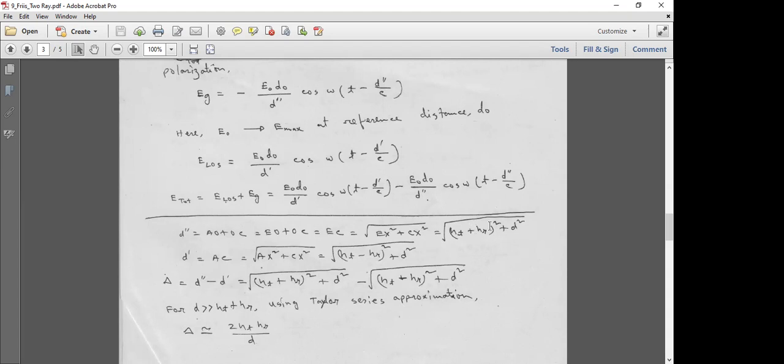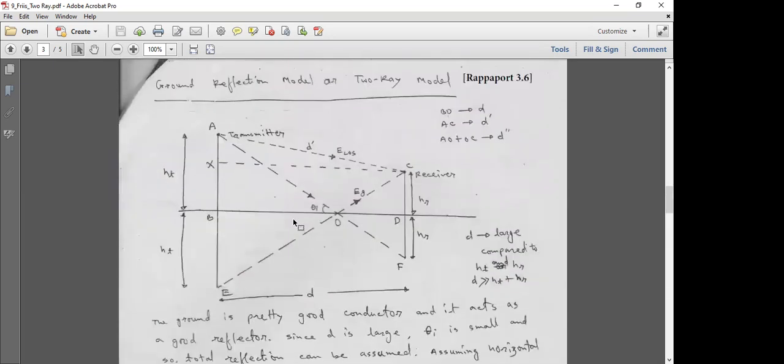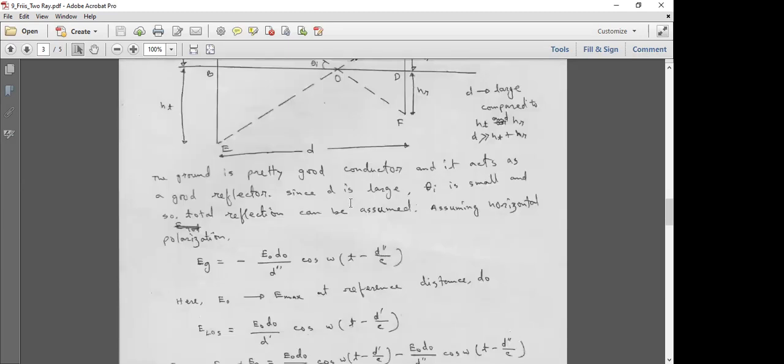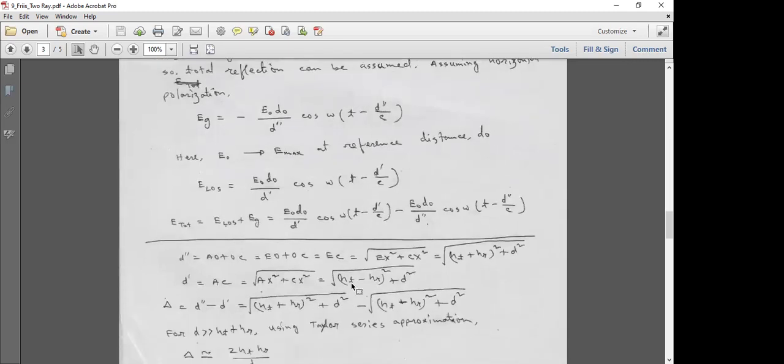So d double prime we get in terms of HT, HR, and d. Similarly, for d prime, we can get an expression: root of AX square plus CX square. Here CX is equal to d and AX equal to AB minus BX, so HT minus HR. So we can write HT minus HR square.